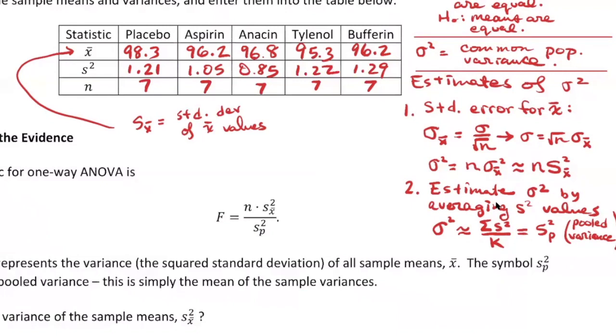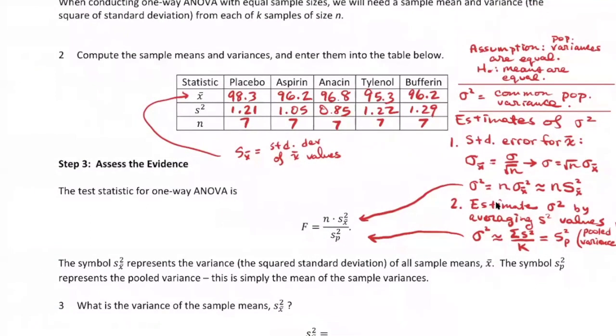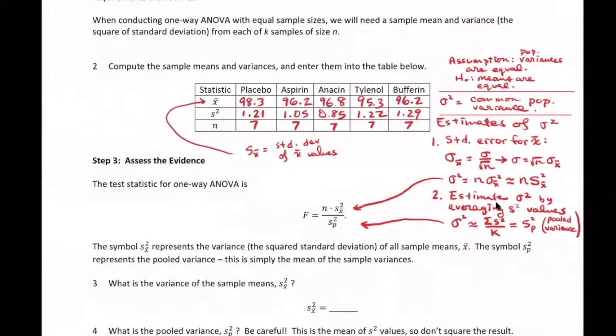Okay, so this gives a little more detailed notes. All right, so we've got this standard deviation, this estimate in the numerator, and this other estimate of the same number in the denominator. Those are estimates of the same value, so the F statistic should be close to 1 if all of our assumptions are true.